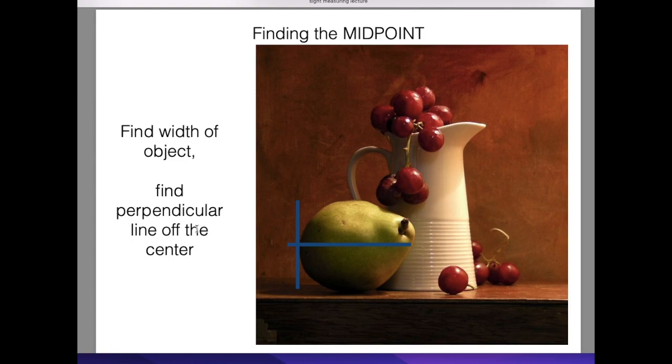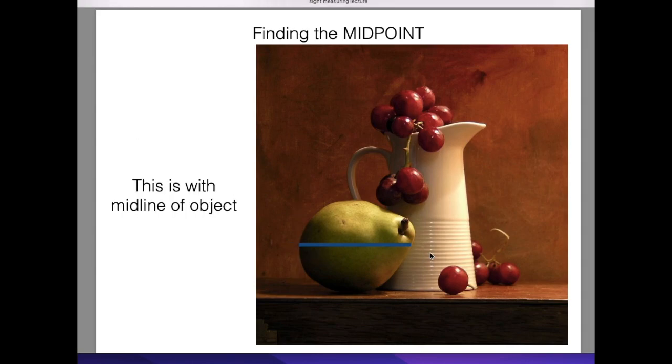Okay, find the perpendicular line off the center of this line. That's why it's easier on the left side here. So all I did was I took this line, found the exact middle by measuring, and then drew a horizontal line across. This is the midline of the object.